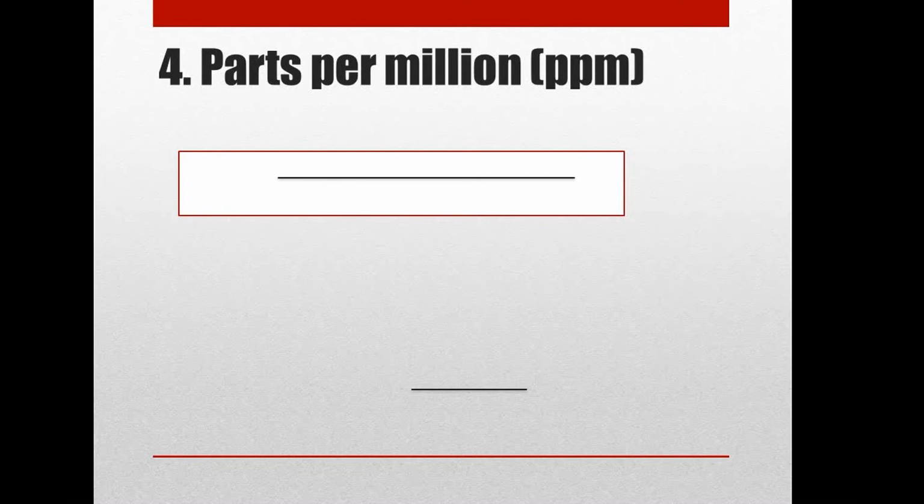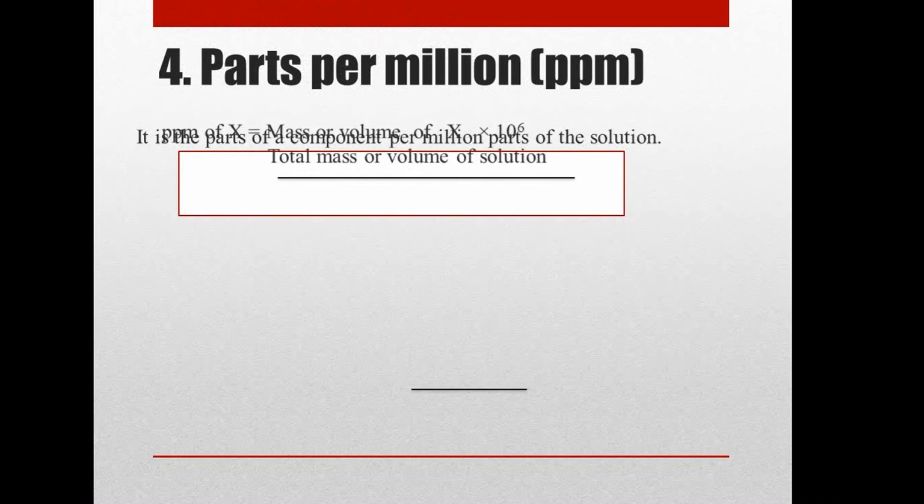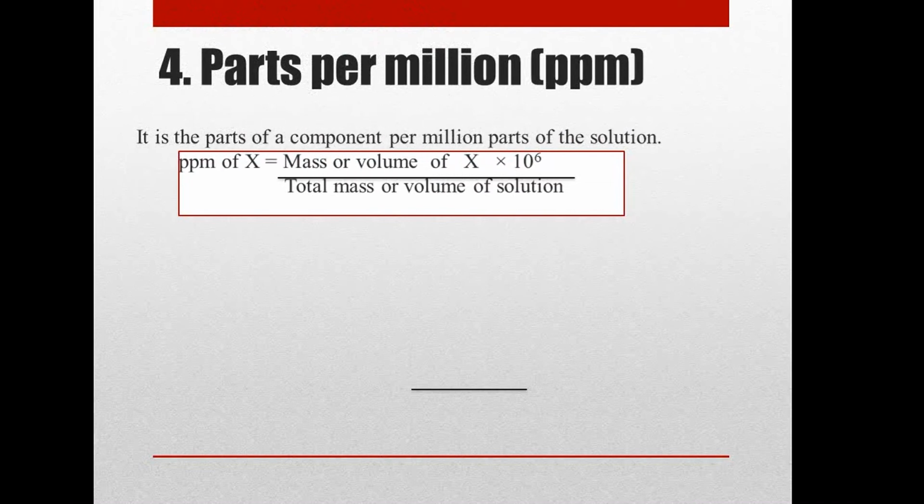It is abbreviated as ppm, which is defined as the parts of the component per million parts of the solution. That is, parts per million of component x will be equal to the mass or the volume of the component divided by the total mass or volume of the solution into 10 to the power 6.